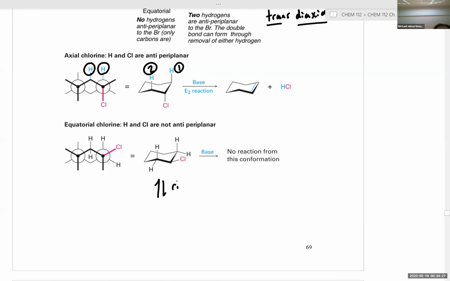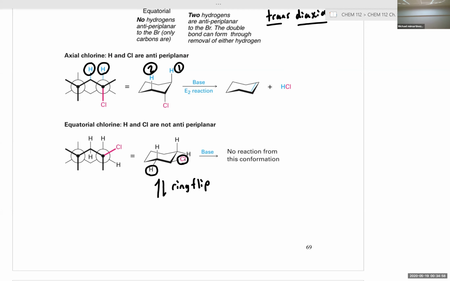However, if we undergo a ring flip, so first and foremost, before we move on from this, does everyone see very clearly how the overlap and the relative position of our hydrogen and chlorine atom in the diequatorial arrangement is not anti-periplanar? Does everyone see how they're not directly anti to one another?